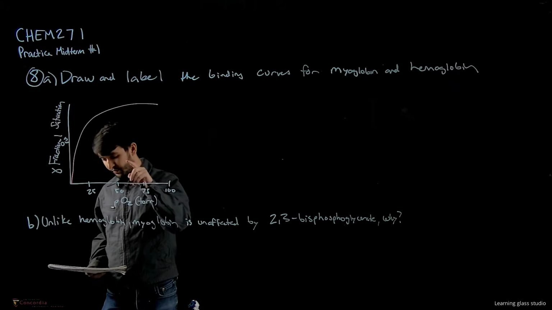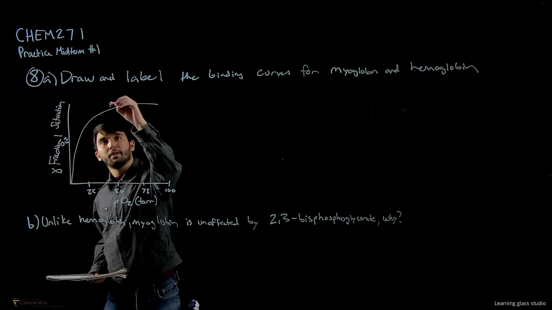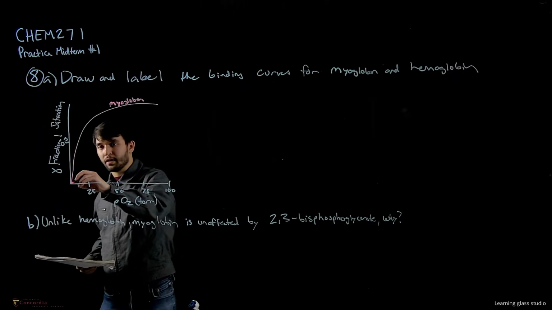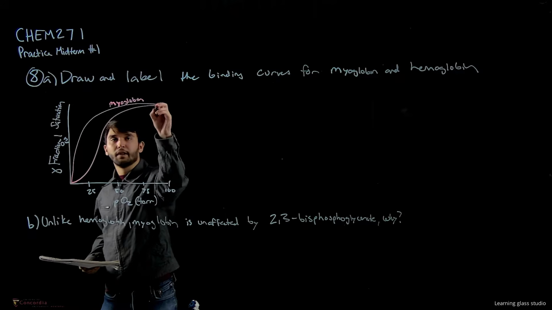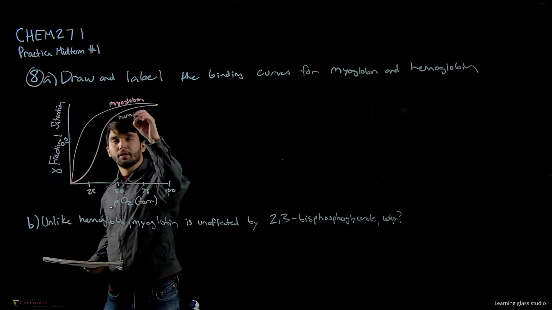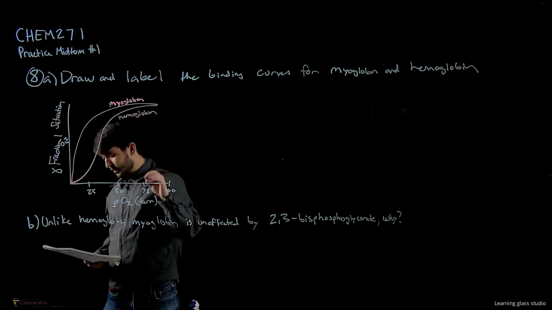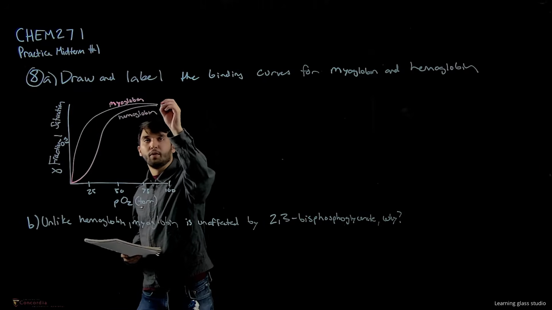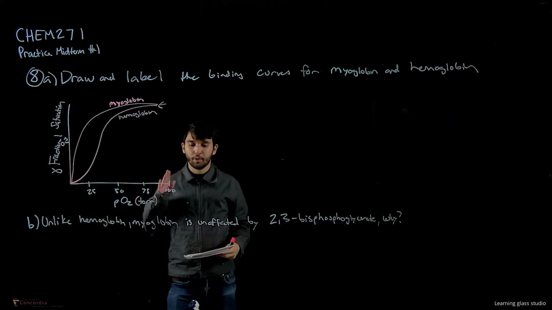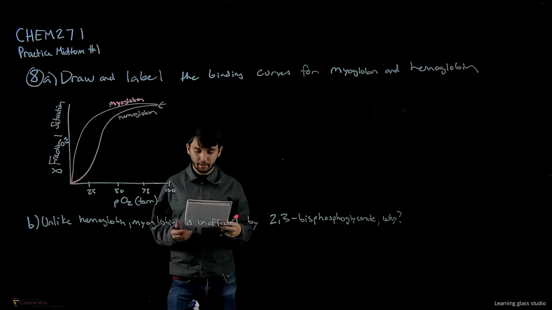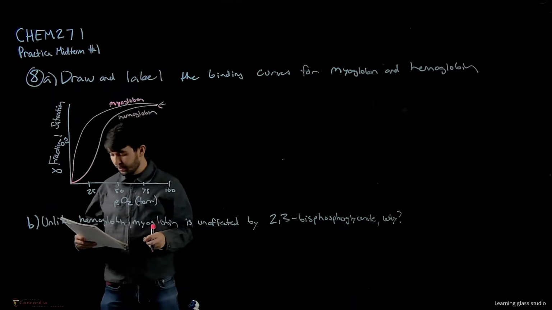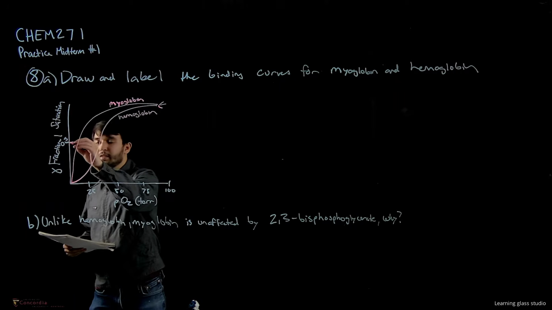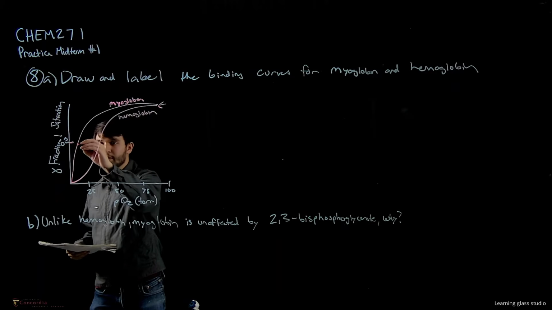So we have that curve. This curve is for myoglobin. And then we also have a curve that's more sigmoidal, like this, for hemoglobin. Okay? And then up here, this is the point at which both of these proteins are saturated. So from this, we can label their P50 score. So right here is 50% fractional saturation.